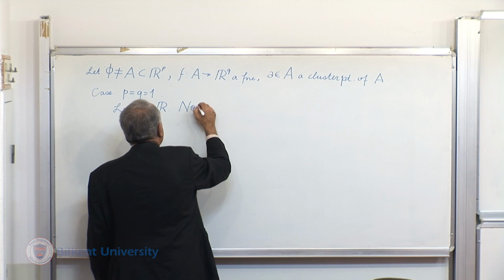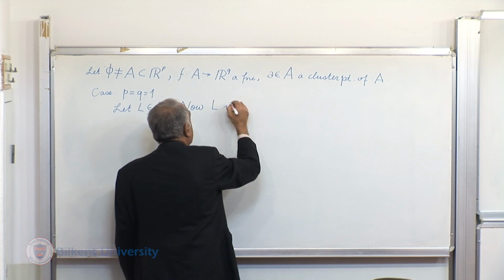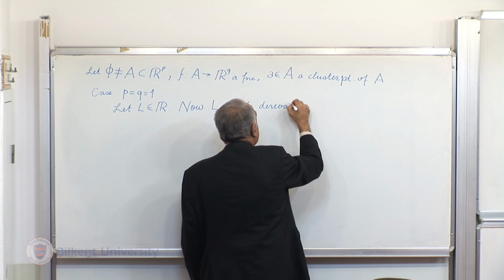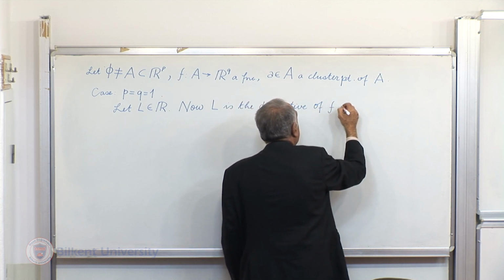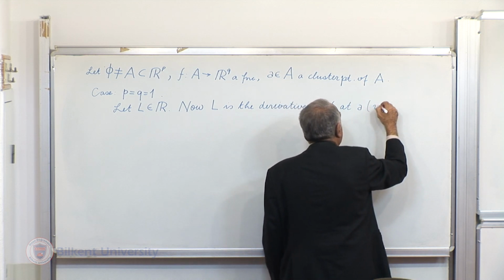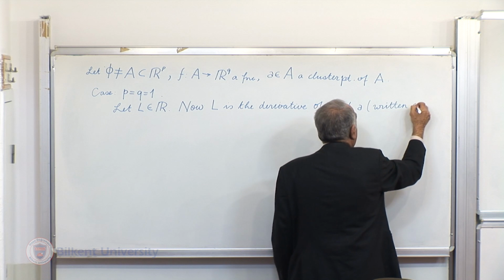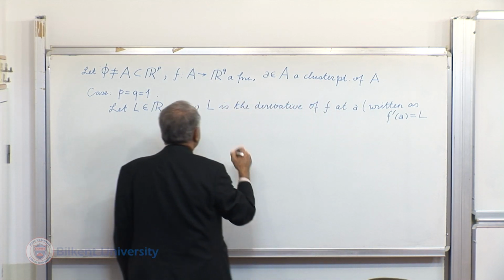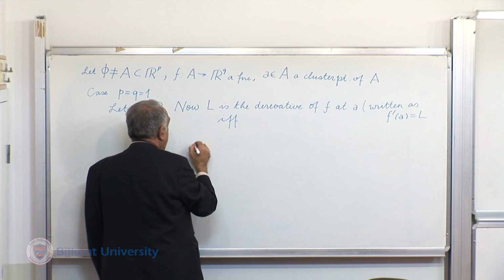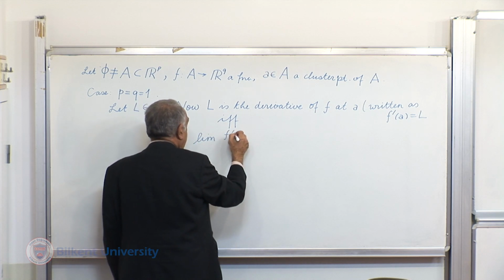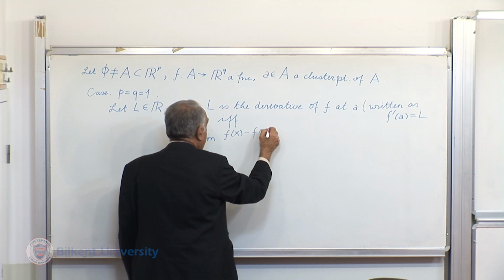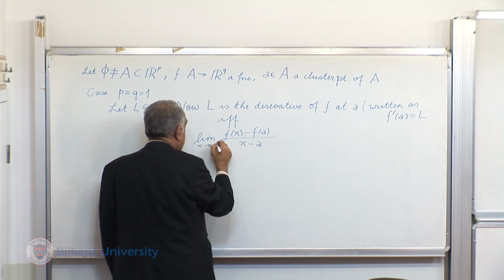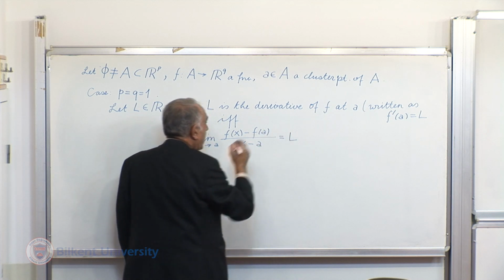L is the derivative of f at A, written as f prime at A equal to L, if and only if the limit of f of x minus f of A divided by x minus A as x tends to A exists and is equal to L.